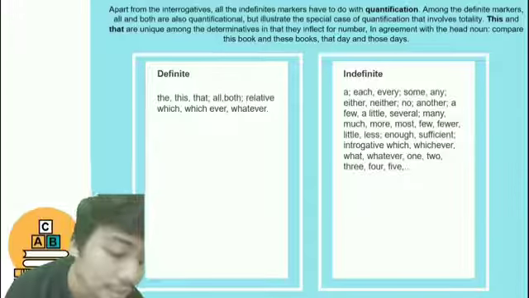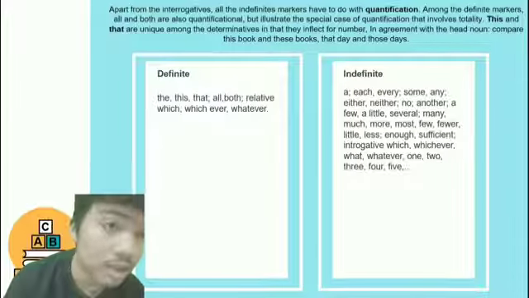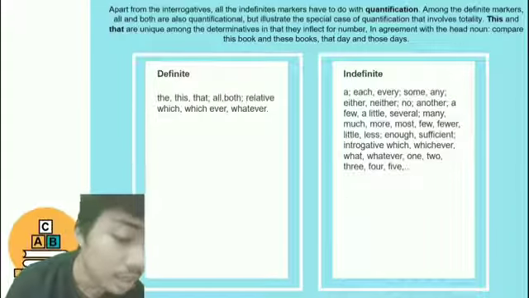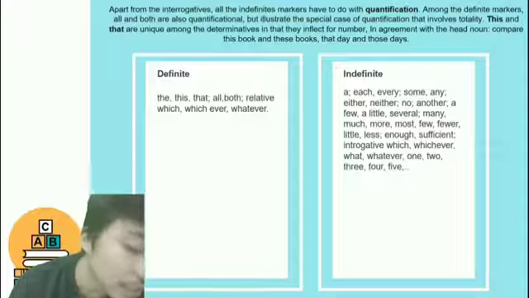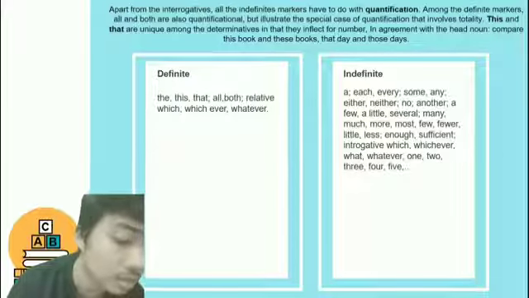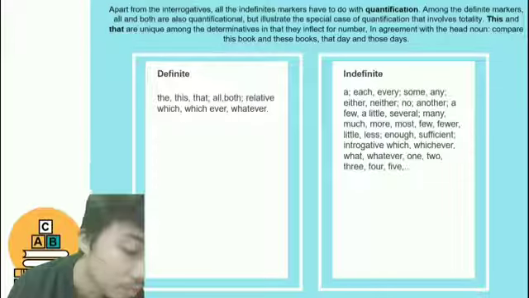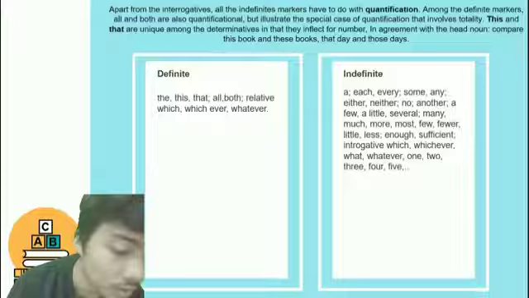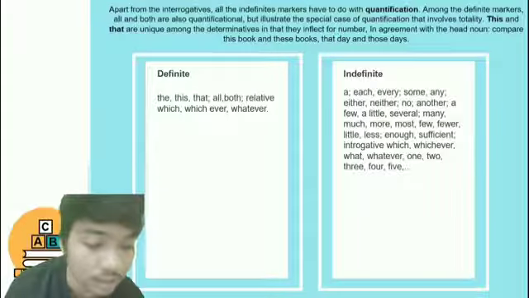And indefinite: a, each, every, some, any, either, neither, no, another, a few, a little, several, many, much, more, most, few, fewer, little, less, enough, sufficient, interrogative which, whichever, what, whatever, 1, 2, 3, 4, 5, and other.